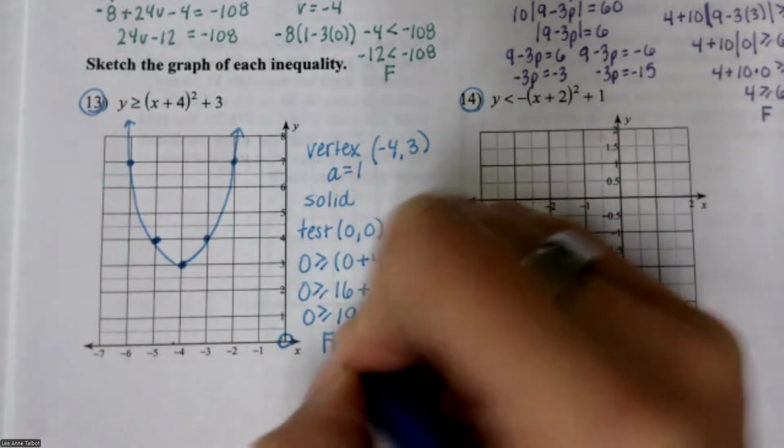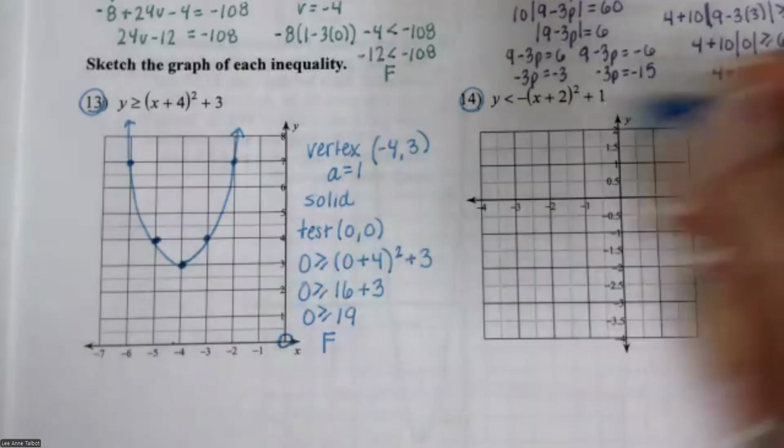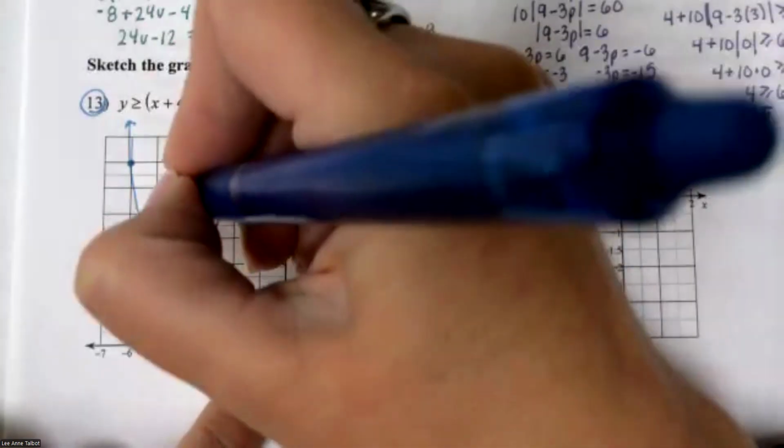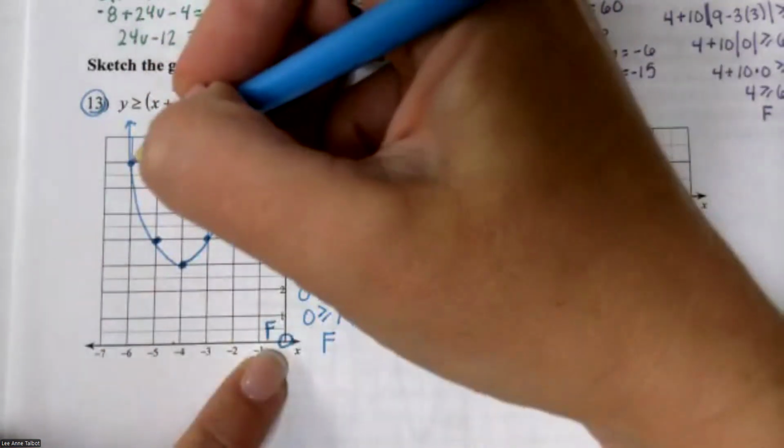And I think that the crocodile would be very unhappy in that situation. So that's false, which means that at 0, 0, where I plugged in is false. And above the parabola has to be true then.